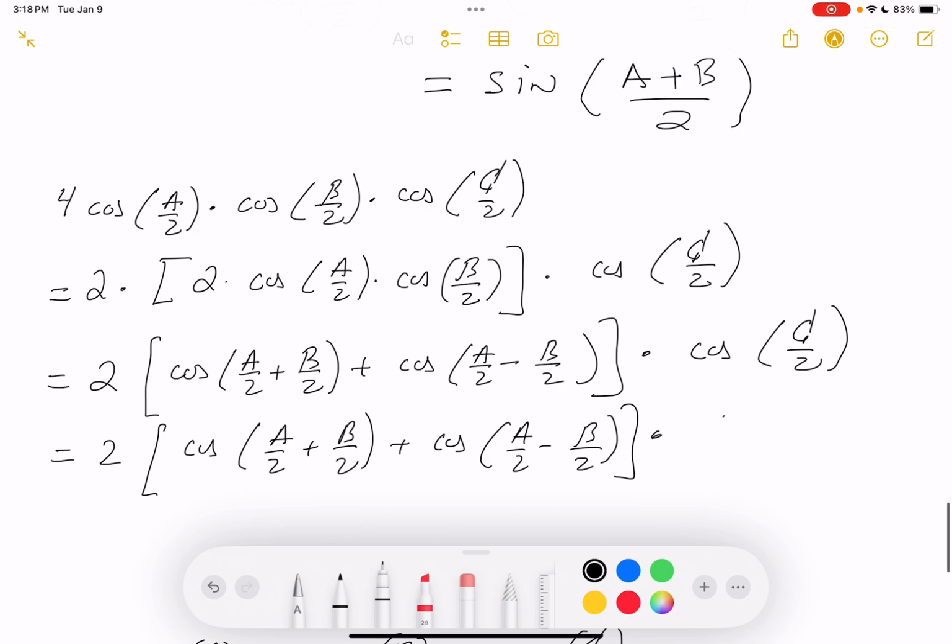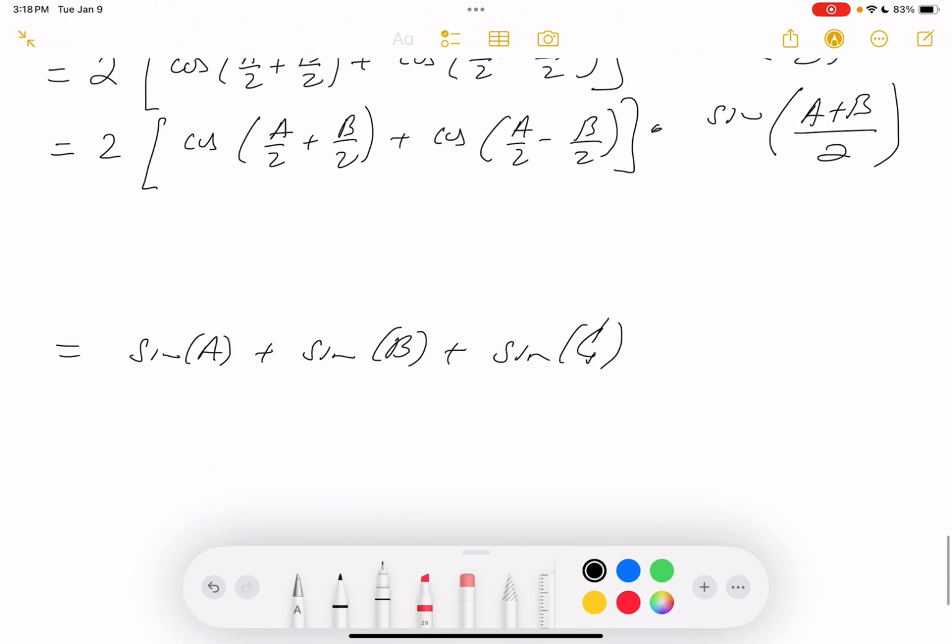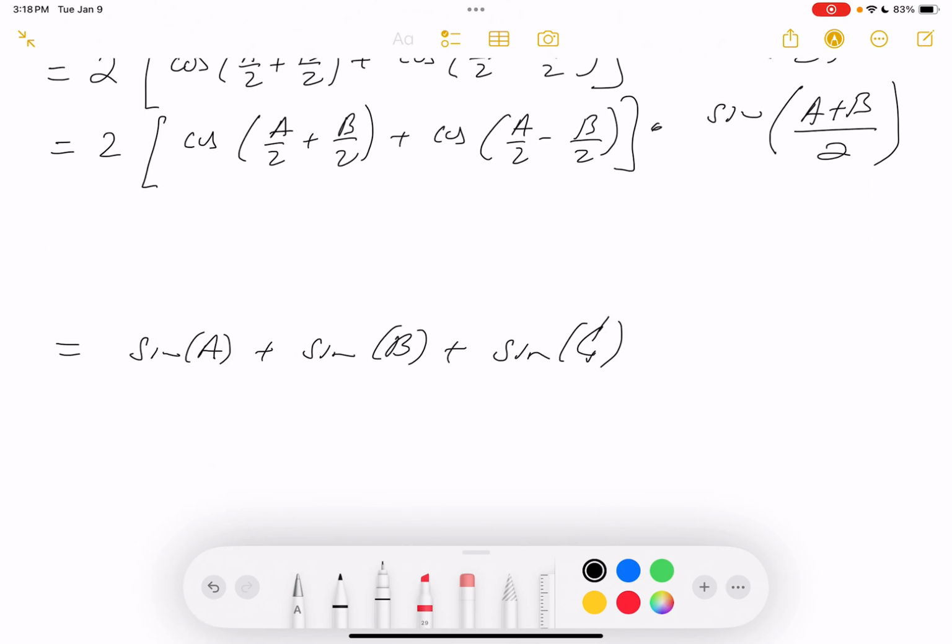And the cosine of C over 2 was the sine of A plus B over 2. I don't think I'm seeing something. Let's keep going. By the way, I realize that I'm not going to be able to fit it in, but I'll get there eventually.